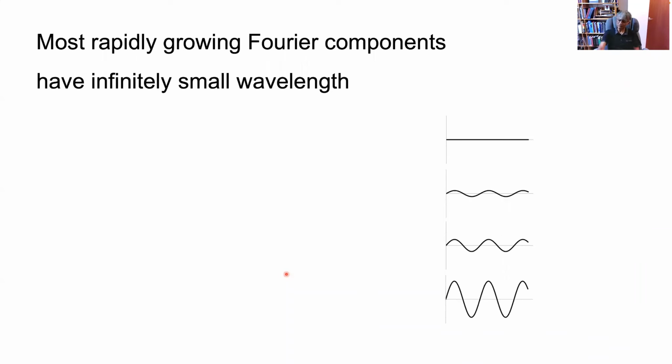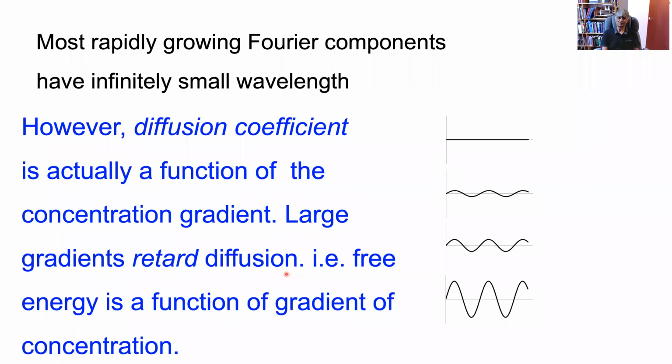And that leads you to the bizarre scenario that in a system where atoms want to cluster, you will actually get ordering, because the smallest wavelength is, of course, the interatomic spacing. So that cannot be correct. That simply cannot be correct. And that comes about because the diffusion coefficient is actually a function of the concentration gradient.